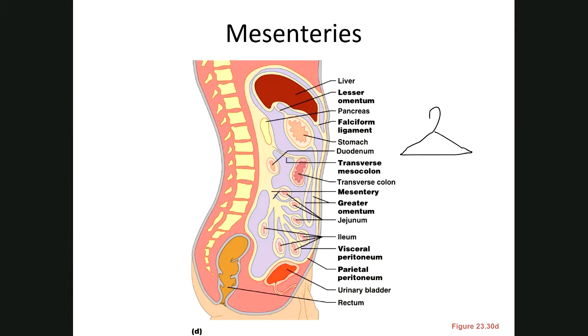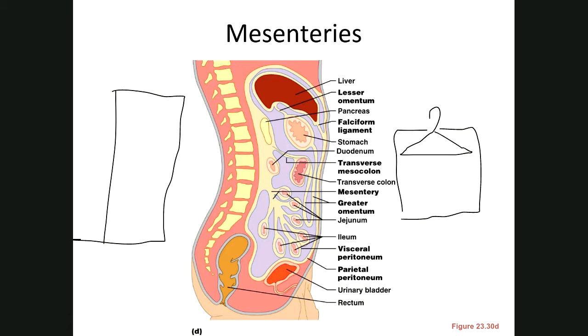You put a coat on it or whatever, and you put it in the closet, and it just hangs there. But what if you had no clothes hangers? What if you just went into your closet and you put all of your clothes in here without any hangers? What would happen is they just pile up on top of each other. And the bottom ones would get crushed or wrinkled by the top ones. And that's exactly what would happen here.